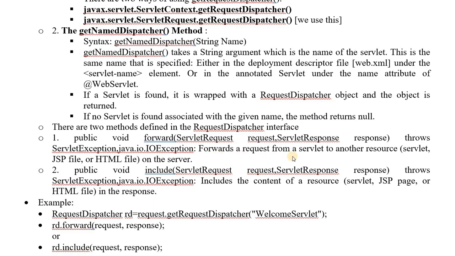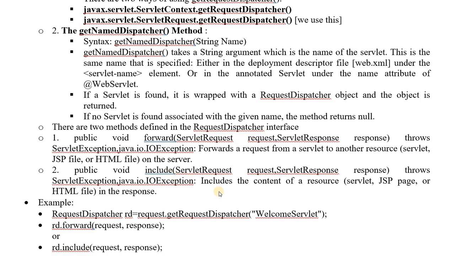This method will forward a request from a servlet to another resource. That resource may be a servlet, a JSP file, or an HTML file. Similarly, the include method has exactly the same syntax.